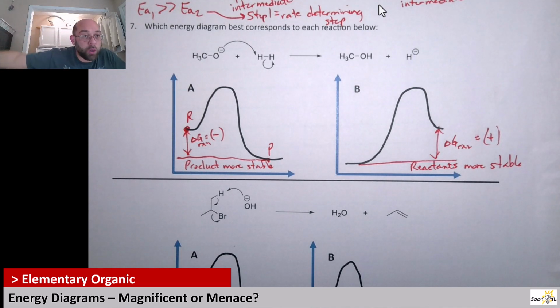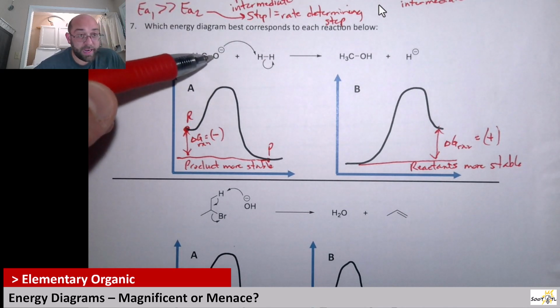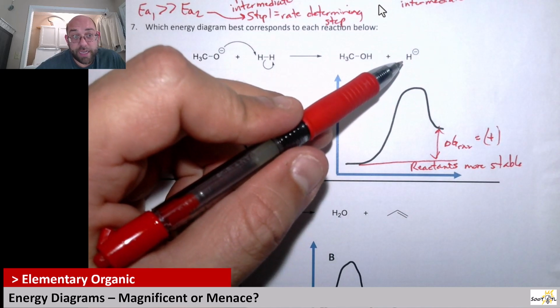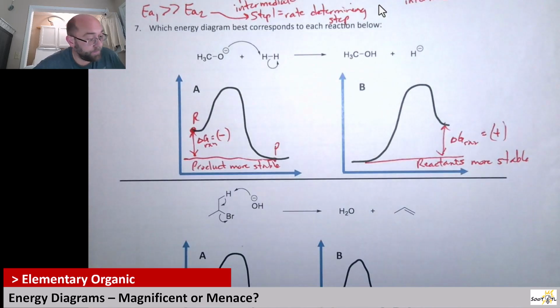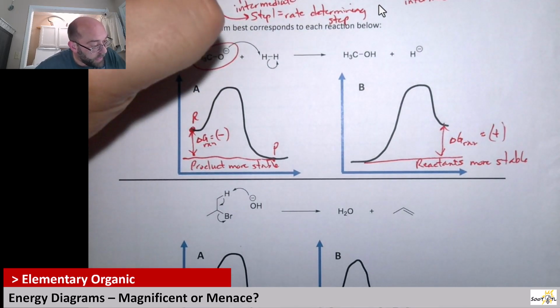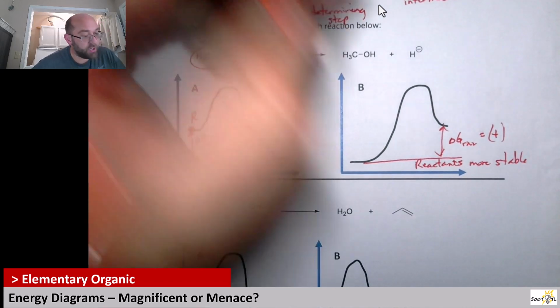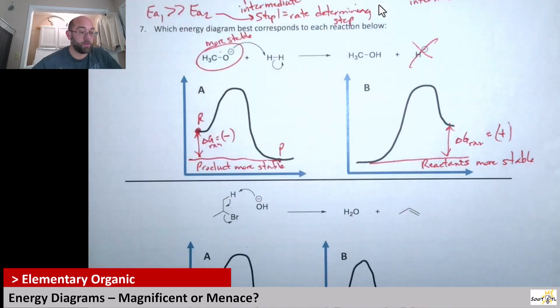That's where the more electronegative elements tend to be. So if oxygen is more electronegative than hydrogen, which one's more stable when it has a negative charge? That one, the negative oxygen. It's more stable to have a negative oxygen than a negative hydrogen. So I'm going to put an X on it.